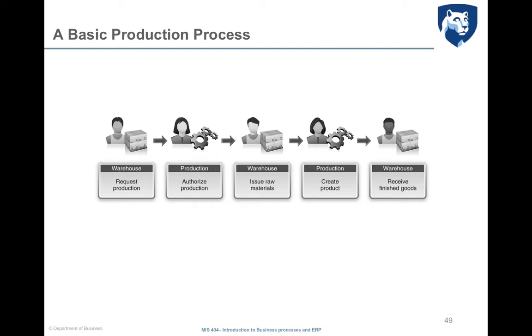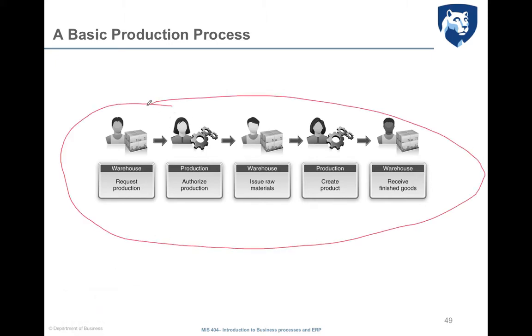First of all, let's clarify that this is our unit of analysis, independently of what we saw until now. When we talk about management of production activities in SAP ERP, the process under our scope is this one: the request for production coming from internal, the production authorization, the management of raw materials for production, the creation of a production order, and the reception of finished goods.